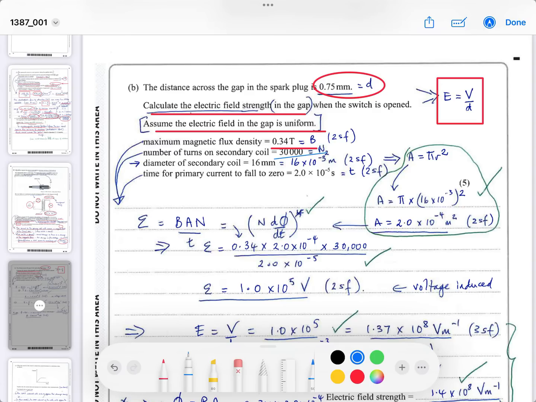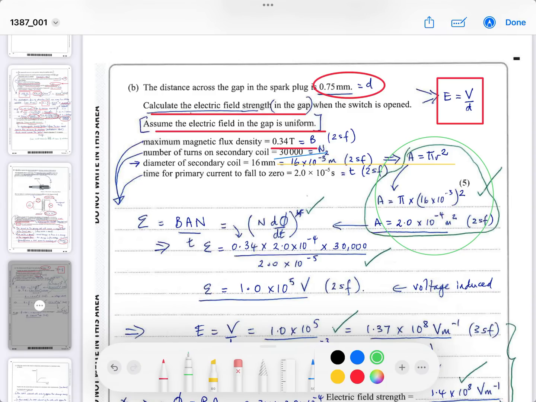So why do we need that? Well, we need the diameter to be able to work out the area. Once you've got the area, you'll see this green box here is how you get the cross-sectional area of the coil, because that's for flux linkage.